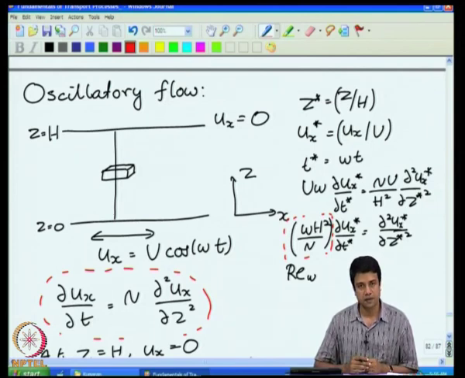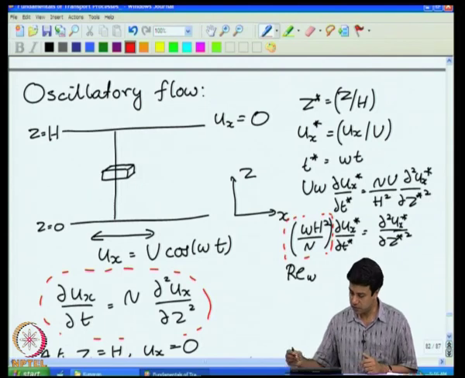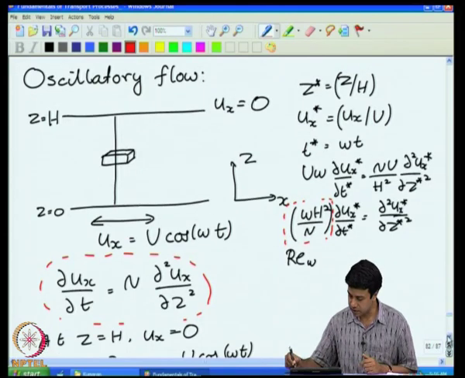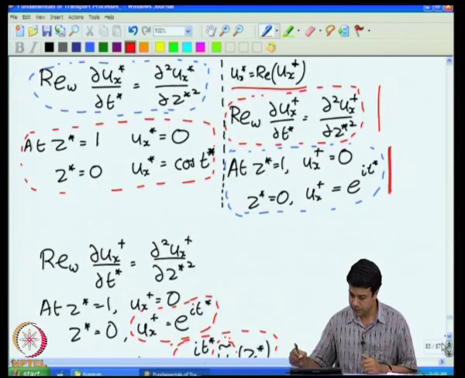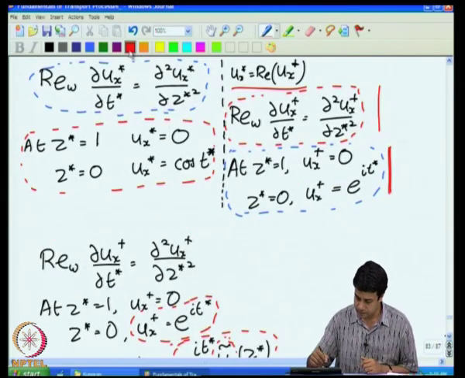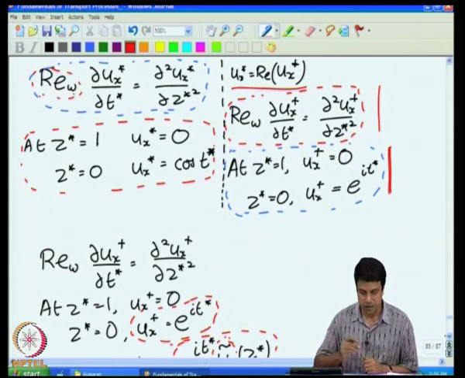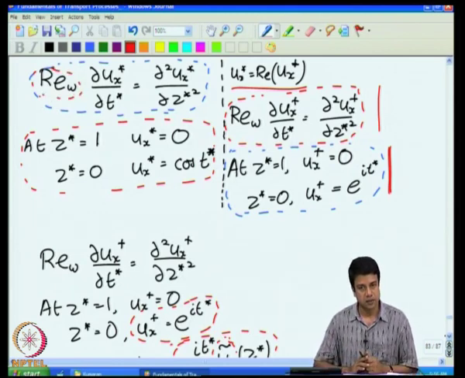So, we can define a non-dimensional time as t star is equal to omega times t, and when we put all of these into the differential equation, we ended up with a dimensionless number Re omega, which was defined as omega h square by nu, where h is the thickness and nu is the kinematic viscosity.